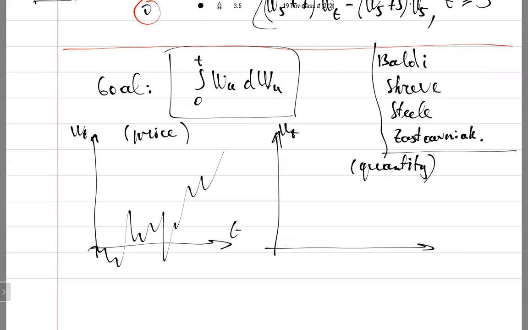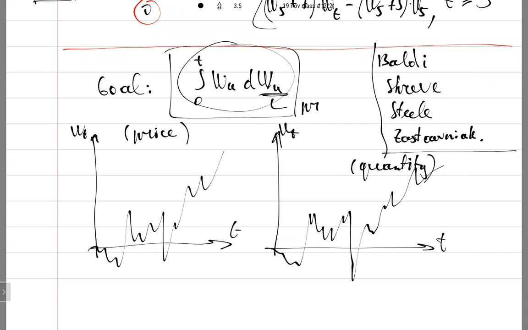So in this integral, W_t is both the price of a cup and the number of cups I have.